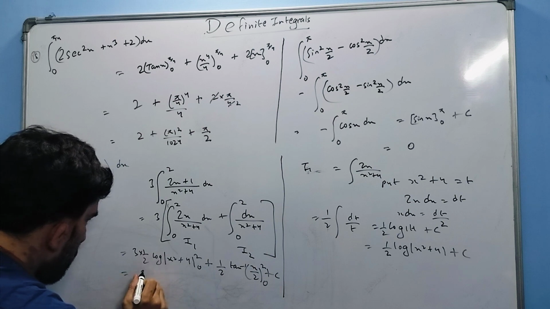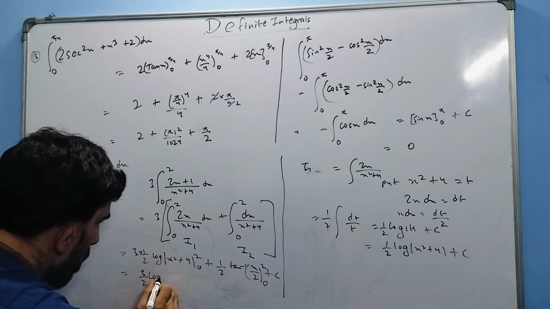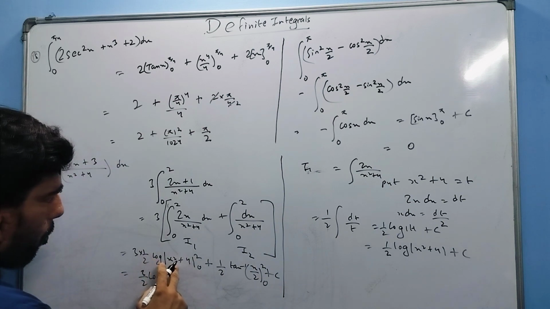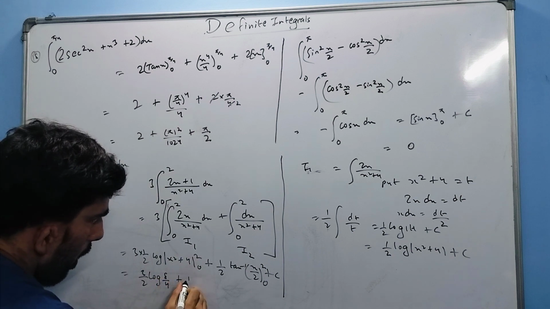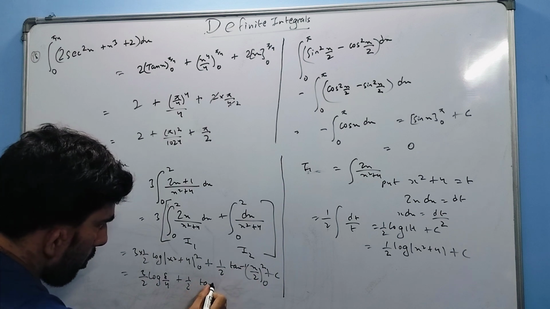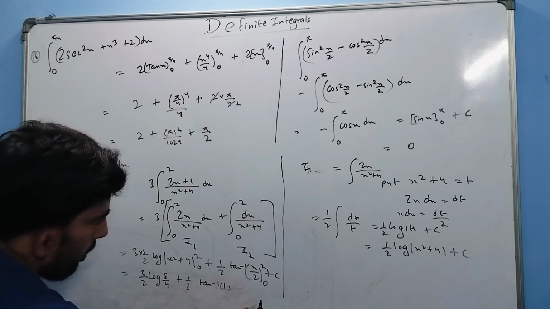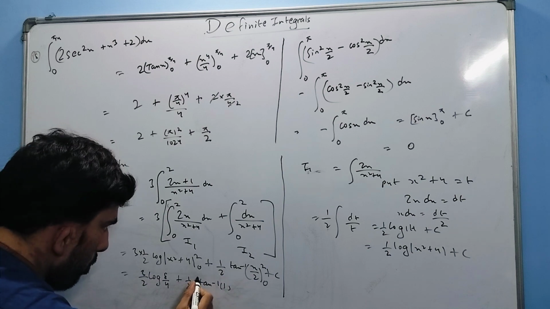So 3 upon 2 log of x square plus 4, from 0 to 2, that is log 8 upon 4, plus half tan inverse of 2 by 2, which is tan inverse 1. Tan inverse 0 will be 0, so we'll leave it apart.